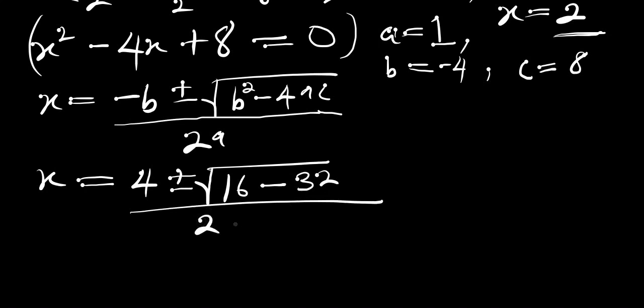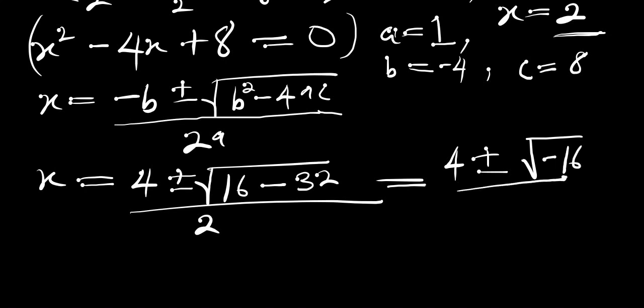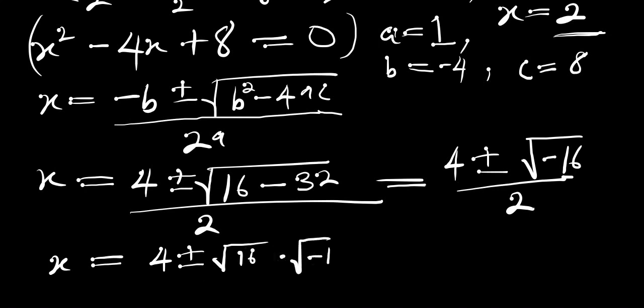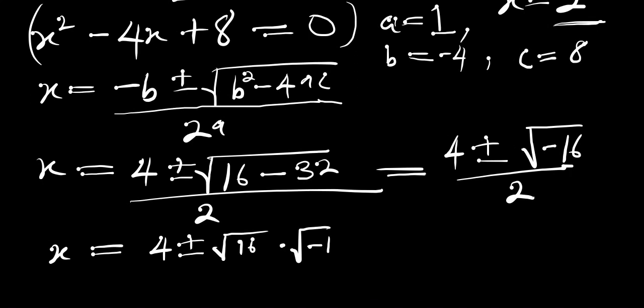divided by 2 times 1, that is 2, and this is equal to 4 plus or minus the root of 16 minus 32, which is negative 16, divided by 2. So what again? x equals 4 plus or minus root of 16 times root of negative 1, divided by 2.